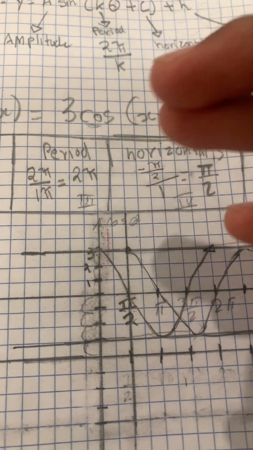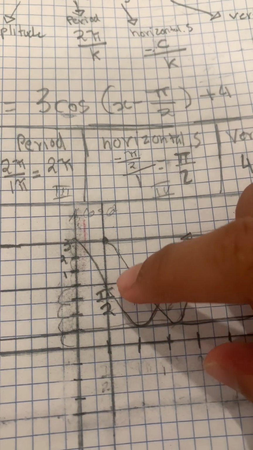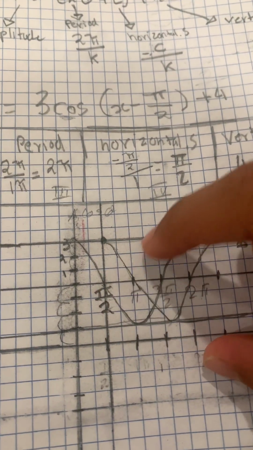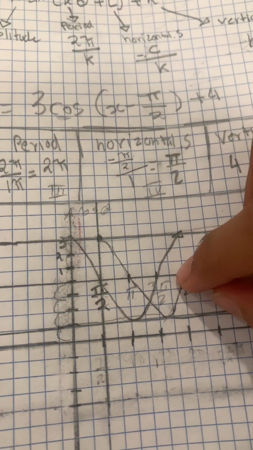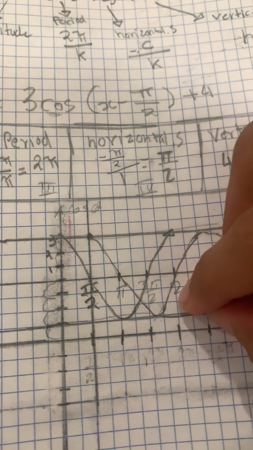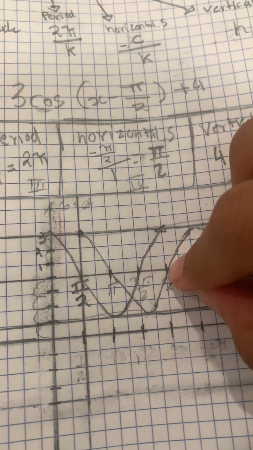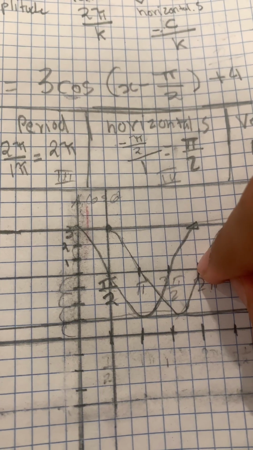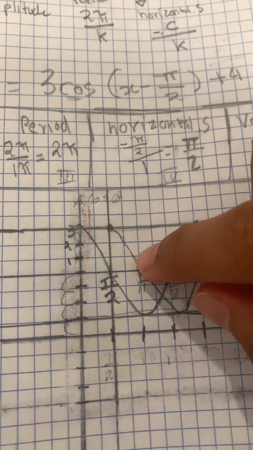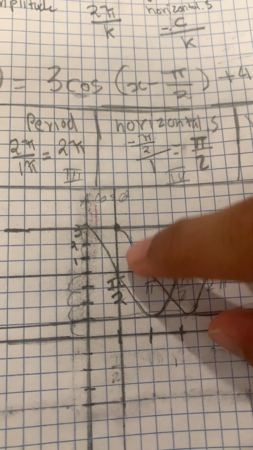We know our period is 2 pi, so we draw 1, 2, 3, 4 lines. The 4 lines will be until right here, and 2 pi will be at the end of the 4 lines because that's our period.